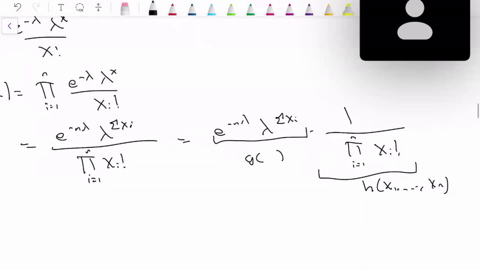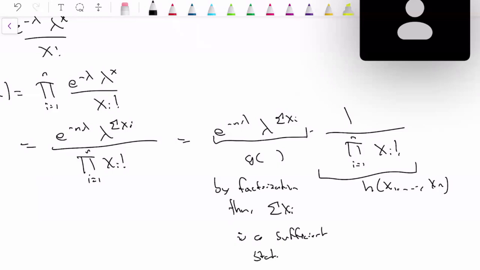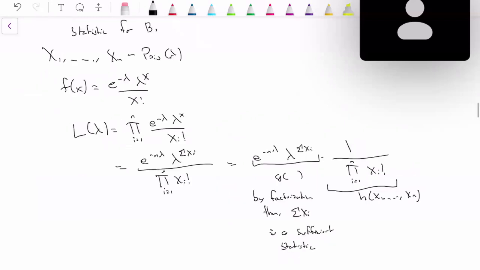So here you would say by the factorization theorem, sum of xi is a sufficient statistic. Hopefully the factorization theorem and the sufficient statistic makes sense now through these two examples.